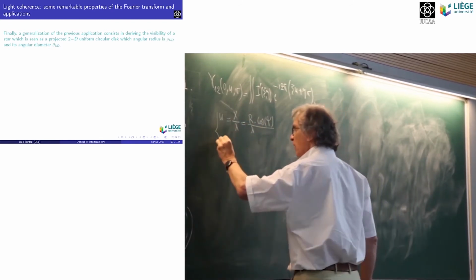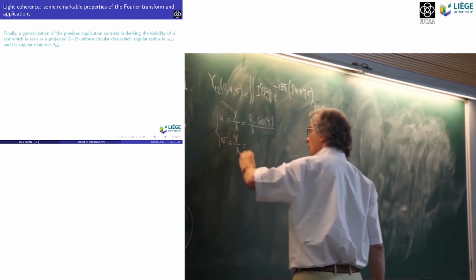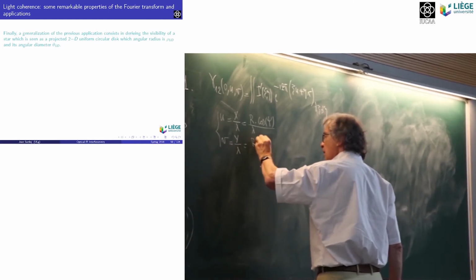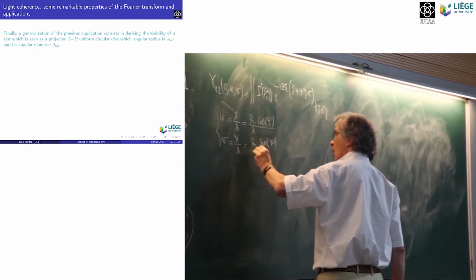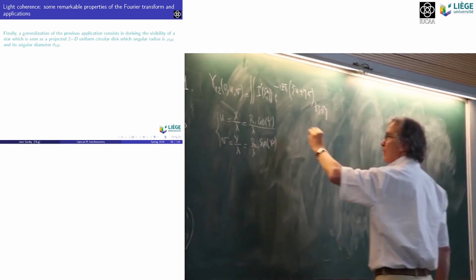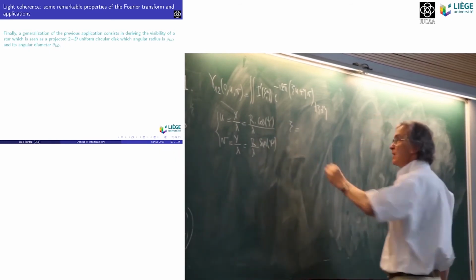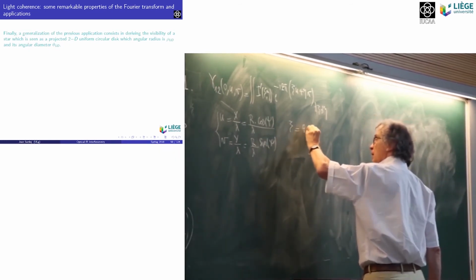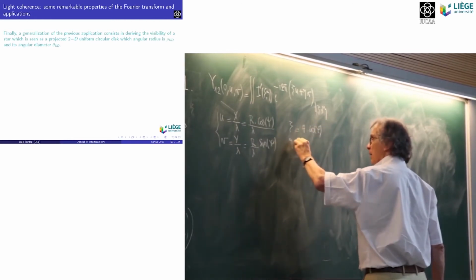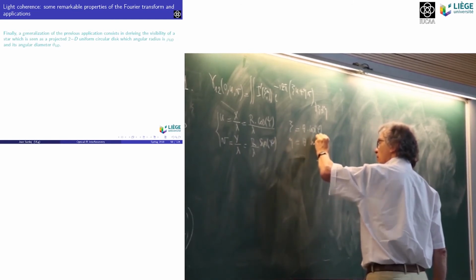So I make a change of variable, of course, v equal to y over lambda, and y I just set equal to r times sine psi over lambda. Now I need also to do something similar for zeta. So I say zeta is equal to theta times cosine phi, eta equal to theta times sine phi.